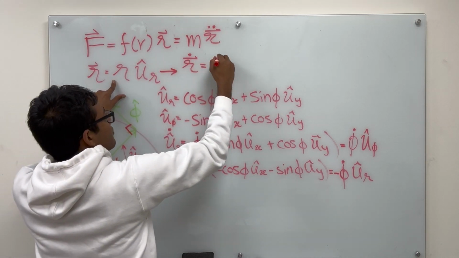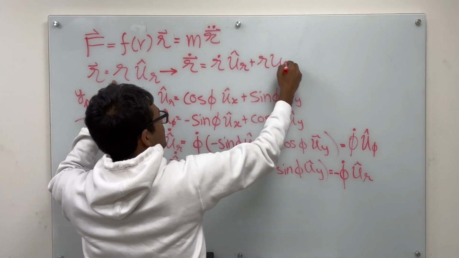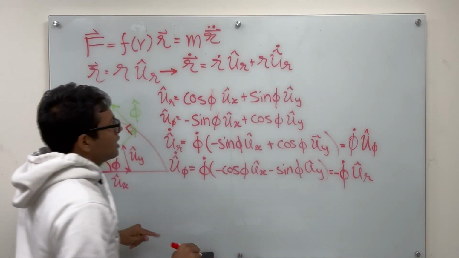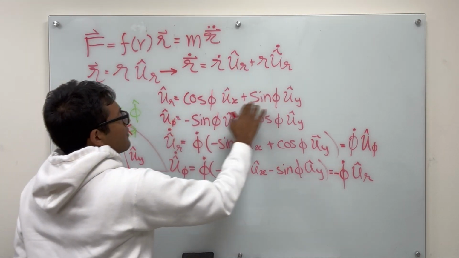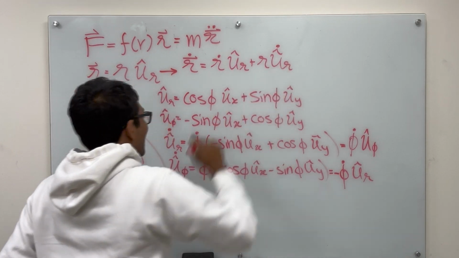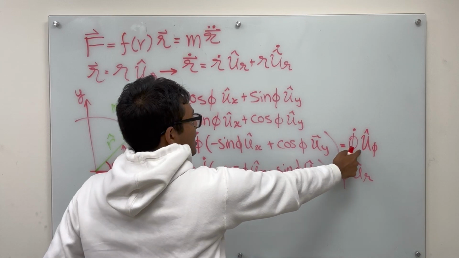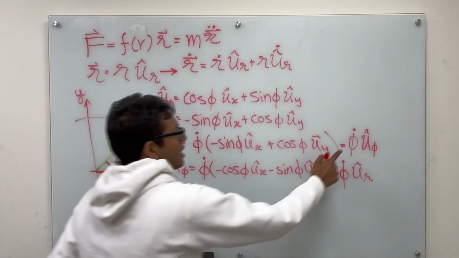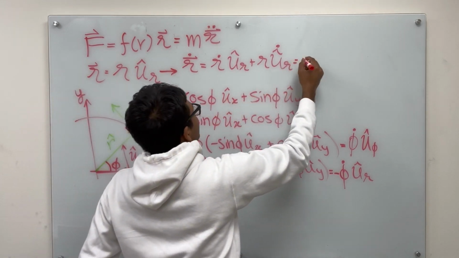So take the time derivative of the first part, leave the second part untouched, and vice versa. Okay, so this is fine. U sub r hat, we already have it right here. Now u sub r dot, what is u sub r dot? Well, we've got it right here. U sub r dot is phi dot u sub phi.